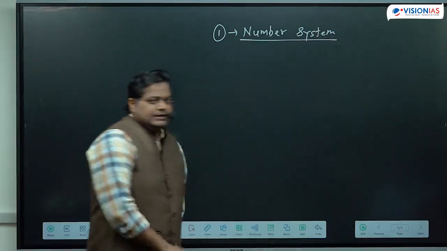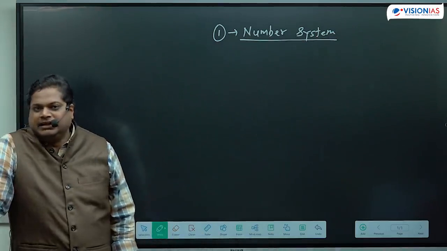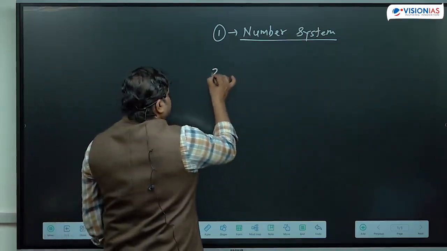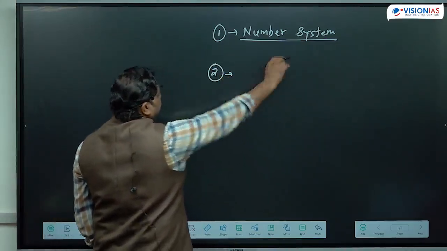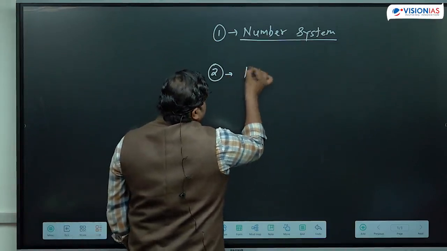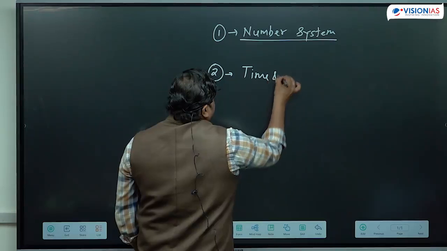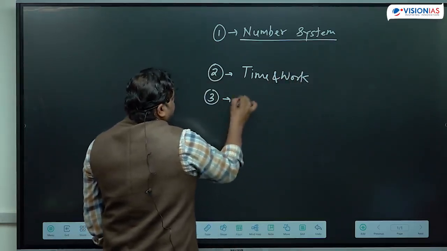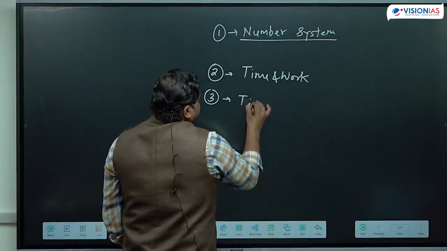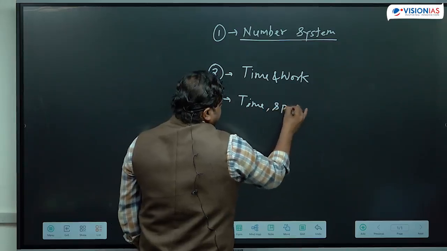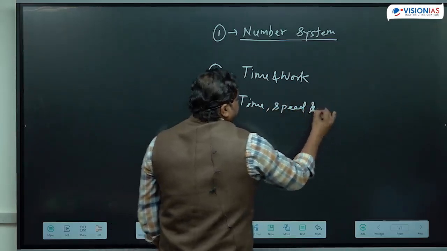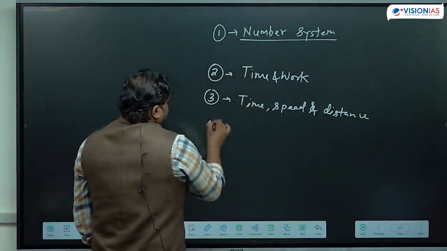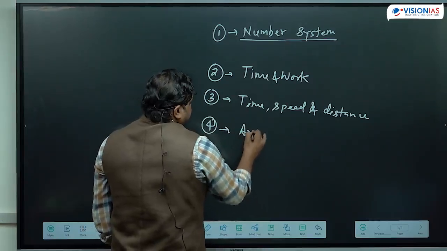And there are different subtopics in number system. Then we have time and work. We have time, speed and distance. We have averages.